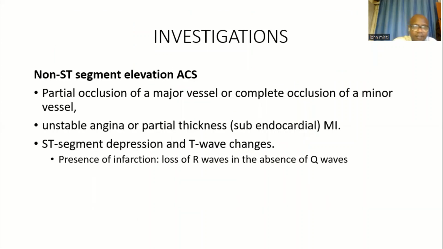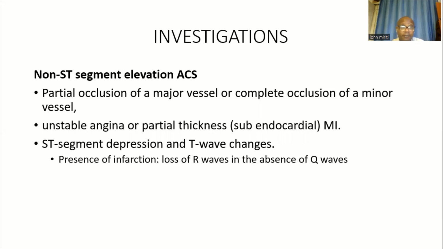So what type of investigations do you do in acute coronary syndrome? There is an ST segment elevation in acute coronary syndrome. There is partial occlusion of major blood vessels or complete occlusion of minor blood vessels, and unstable angina or partial thickness damage due to subendocardial myocardial infarction.